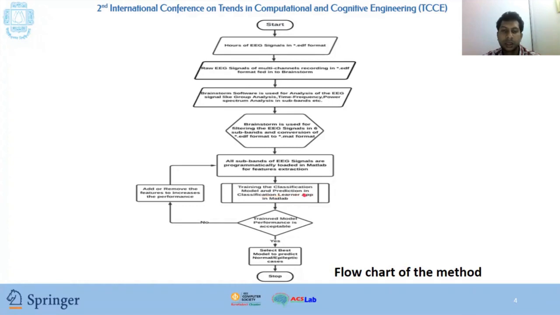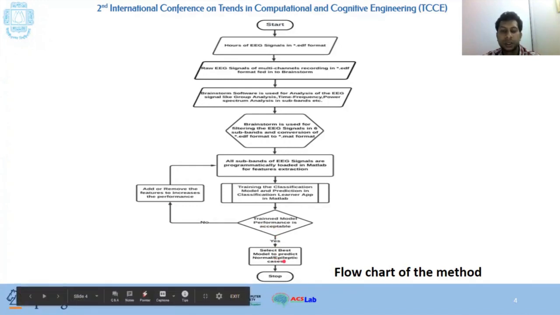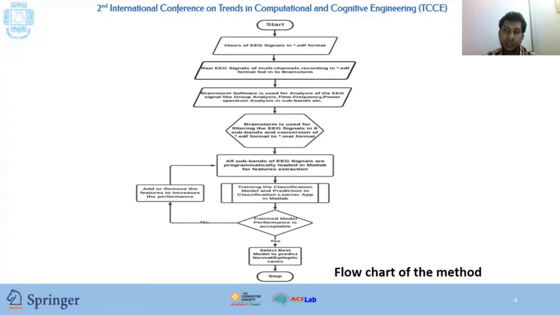Afterwards the cycle repeats until it gives us an optimum level of accuracy or performance. Then we put that particular model under test for unseen data, and we can differentiate between the two states: the normal state and the seizure or epileptic state.